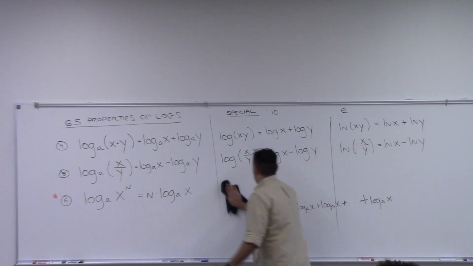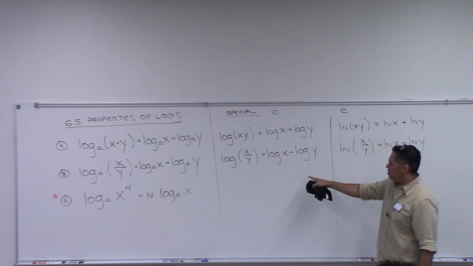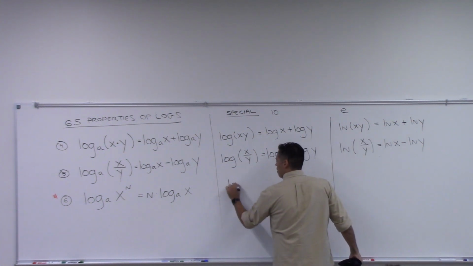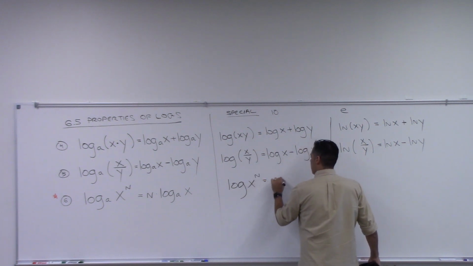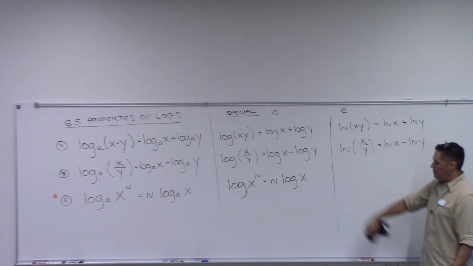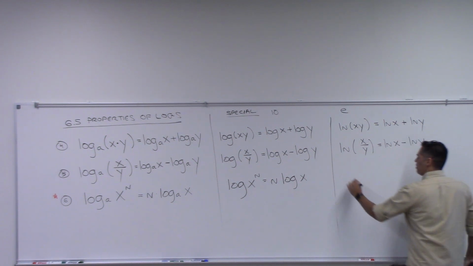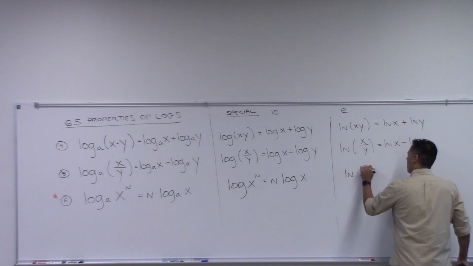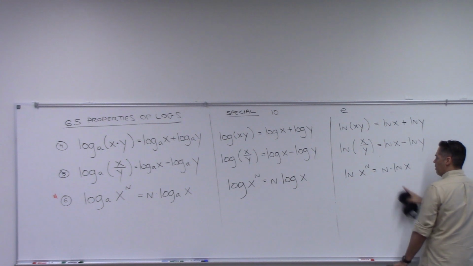All right, we continue. Let's do our special cases. What does that property look like here? Log, no base, right? x to the n equals n log x. That just says if you have that power, you pop it out front. Here, in this special case, natural log x to the n is n natural log x. And that's a multiplication, right?